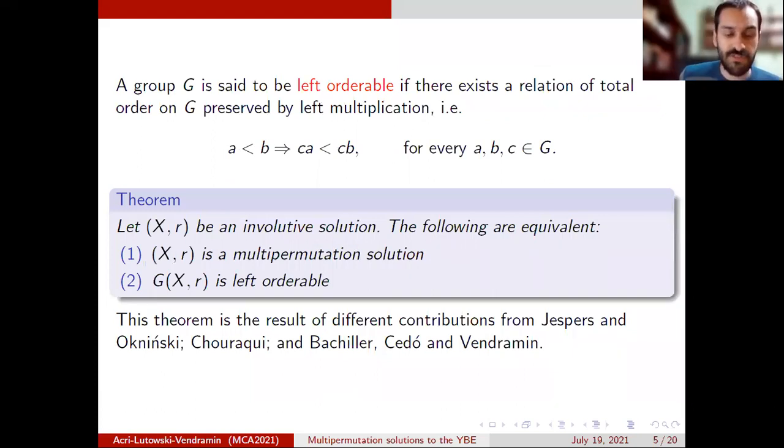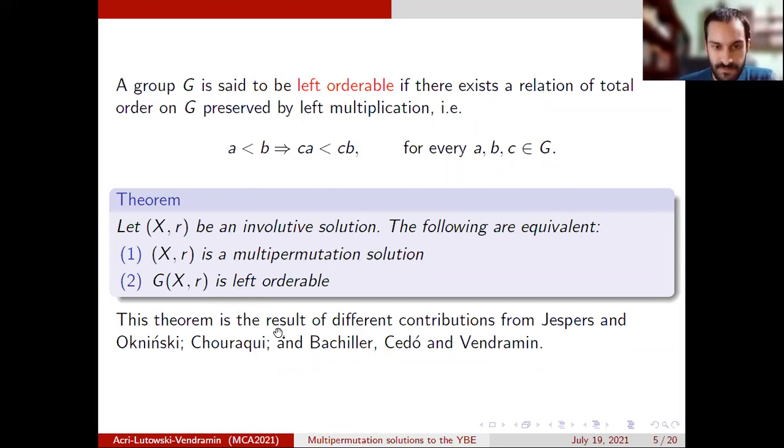We have a characterization of the multipermutation solutions in terms of the structure group. First, recall that a group is said to be left orderable if there exists a total order on G preserved by left multiplication. So we have this theorem for involutive solutions: a solution is a multipermutation solution if and only if the structure group of the solution is left orderable.